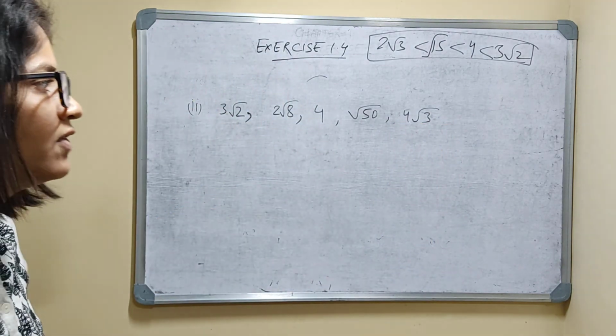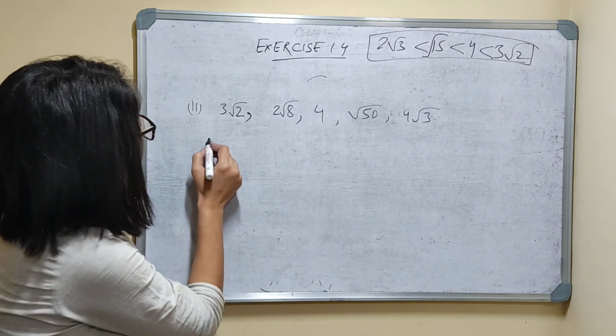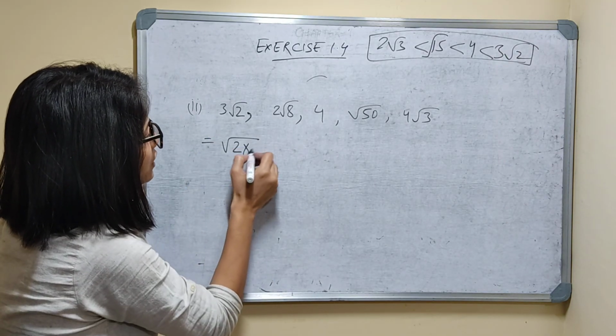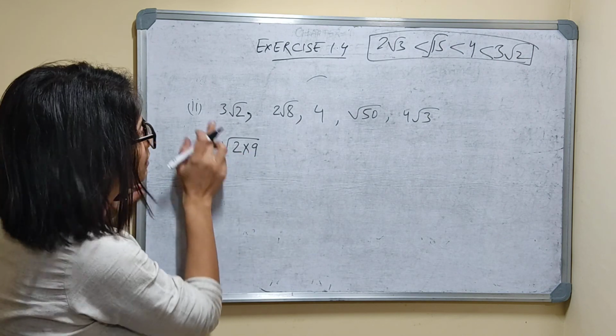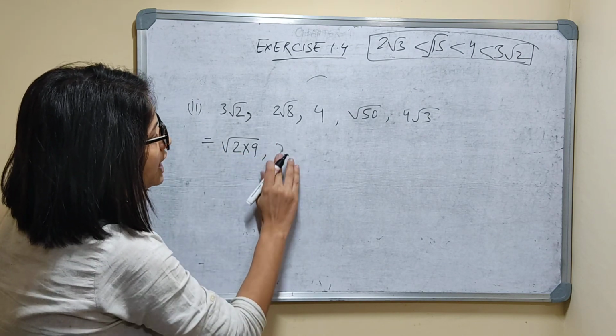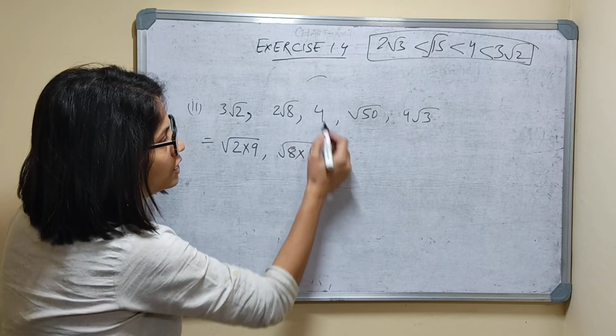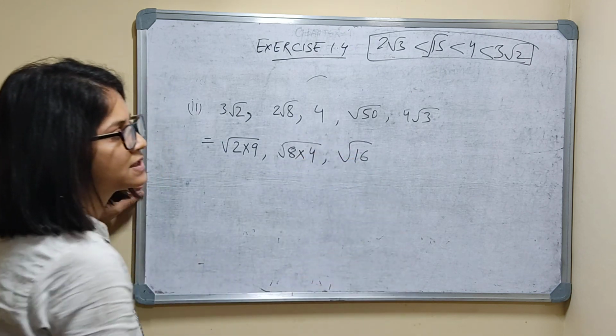So all these I will make power 1 by 2. 3 root 2, so I can write 2 is there, 3 I will write into 9, so root 18. 2 root 8, I will write root 8 into this 2 inside, so it will be 4, root 32. 4 I can write root 16.